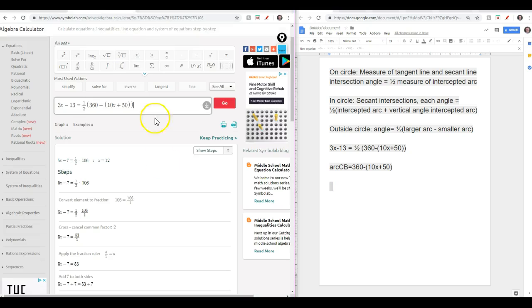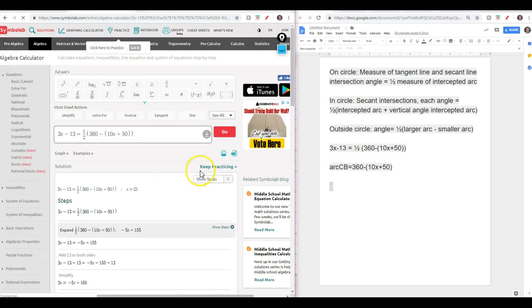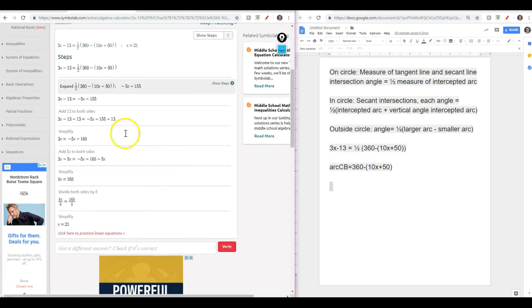So now if we jump back over here to the symbolab, click enter, it's going to show us the steps. So it's saying to expand this 1/2 times 360 minus 10x plus 50, and they simplified it to negative 5x plus 155.